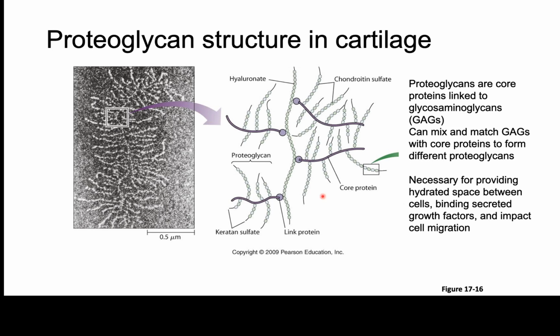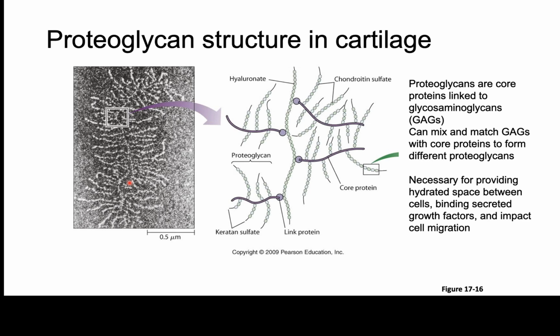So when we have these proteoglycans, it can retain a lot of water. It has this really viscous quality. They can make these huge structures that look like this and hold on to a lot of water. So these proteoglycans are really important in things like joints because they provide the hydrated space.